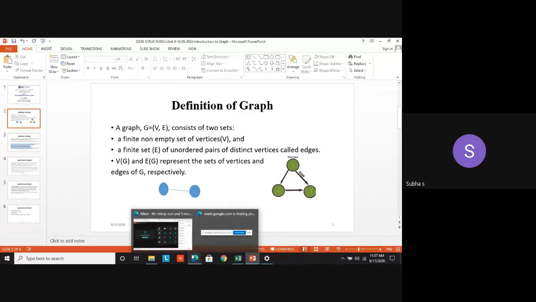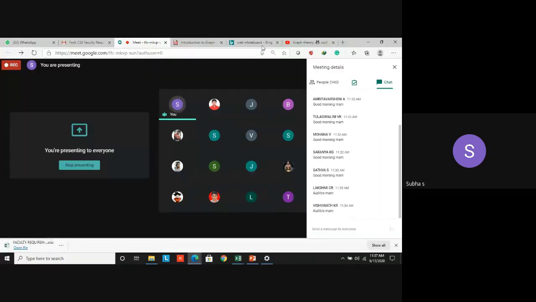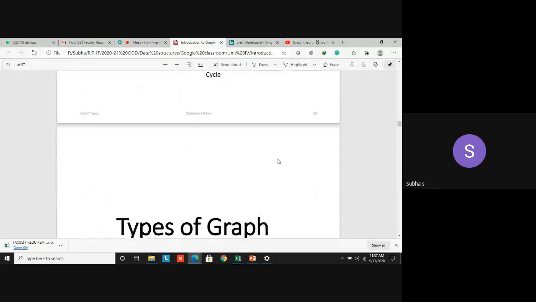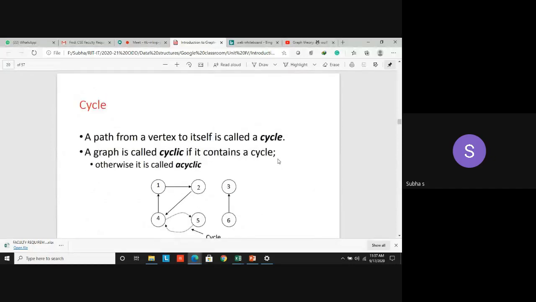Then we saw different terminologies. That is, what is meant by directed graph, undirected graph, then path. So everything we have seen yesterday. I will quickly revise those things. Just we saw cycle, a path from a vertex to itself. Path means, from one node, if I am able to reach another node, then that is called a path.